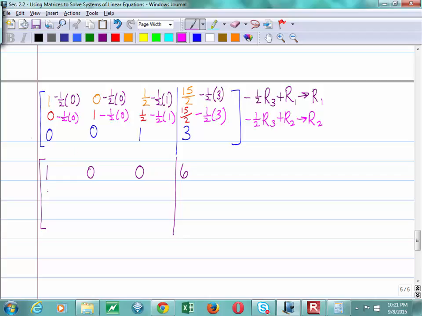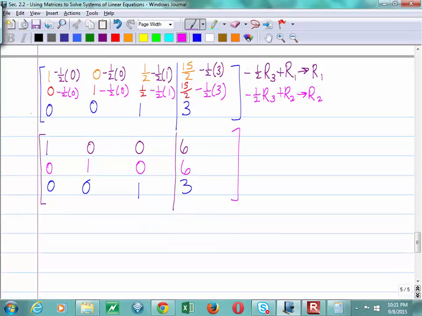So that's going to be 0, 1, 0, 6. And then the bottom row stayed the same. 0, 0, 1, 3. Okay, so now we are done.